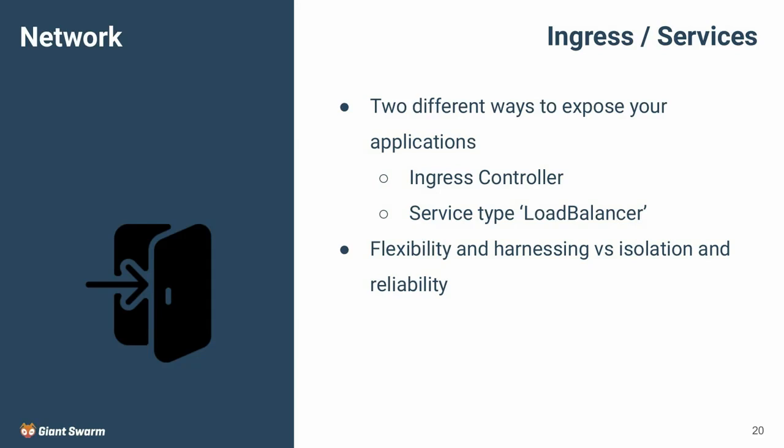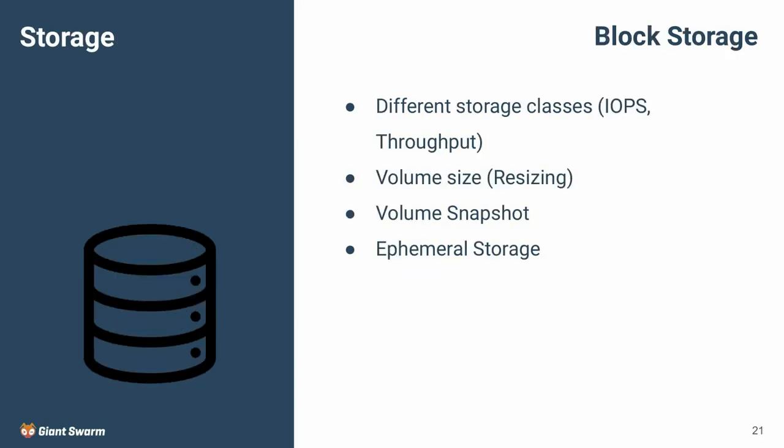Okay, now we go to the storage part. There are different types of storage classes in the cloud providers, right? And that will give you different IOPS or throughput. But what is important here is that with Kubernetes, you can define how big your volumes will be.